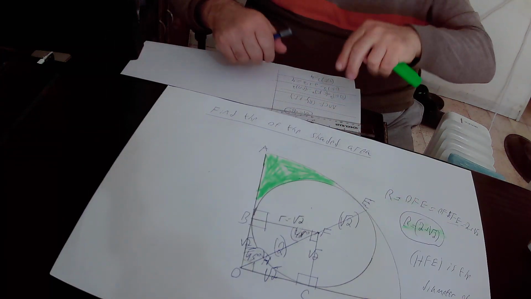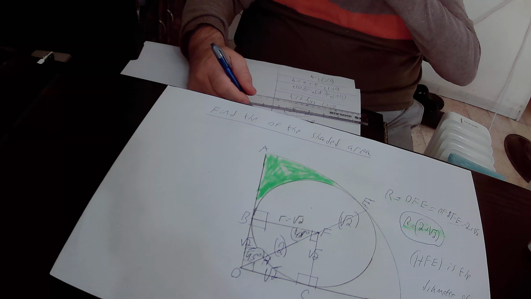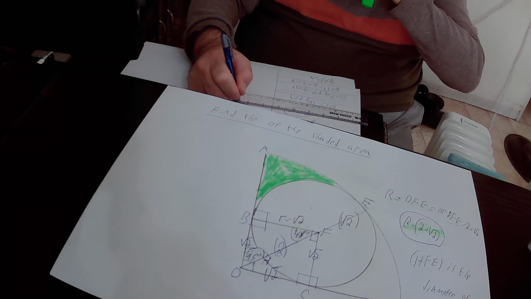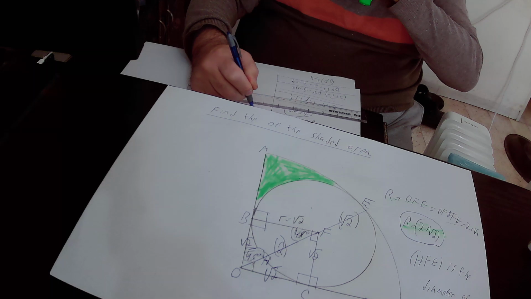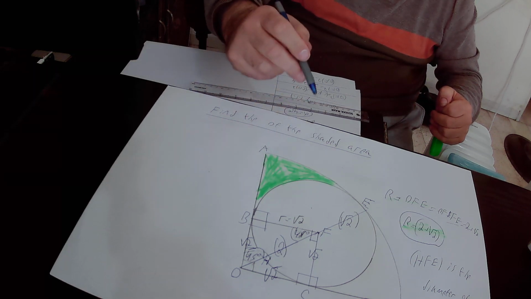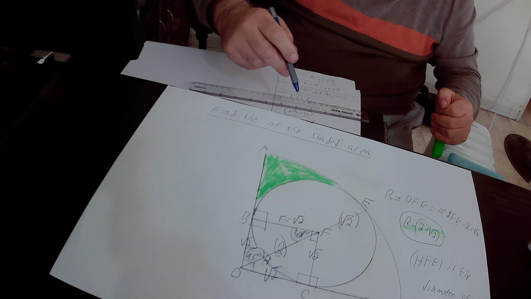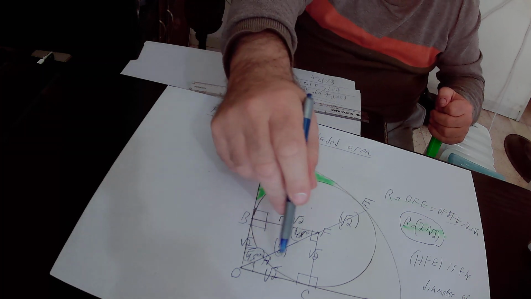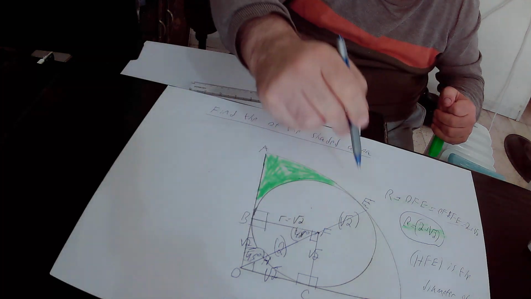From the drawing, it is very easy to see that the size of this green area is equal to the size of sector AOE. This is sector AOE.